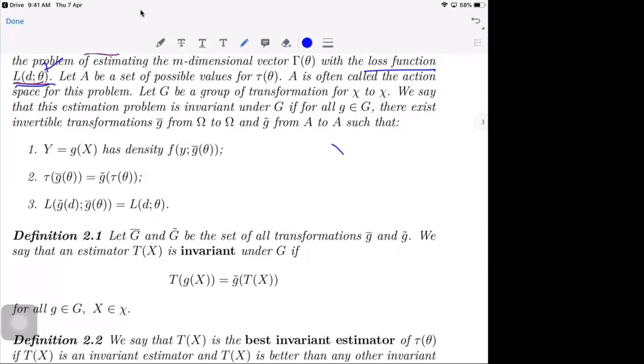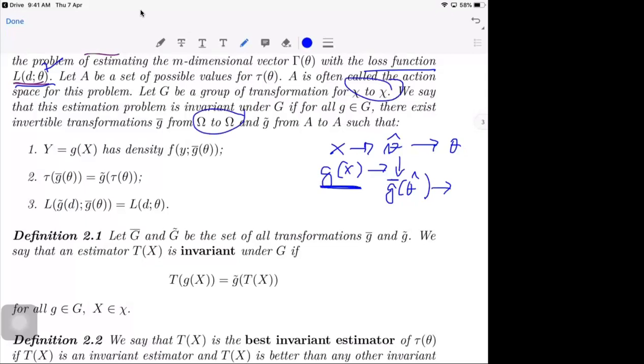Say, for example, if x has an estimate theta hat for theta, and you do a transformation on your x, what will the parameter be now? It is still a transformation on your theta hat given by this g bar, no? So a transformation on the data is g, but a transformation on your parameter will be g bar. And these are all invertible.